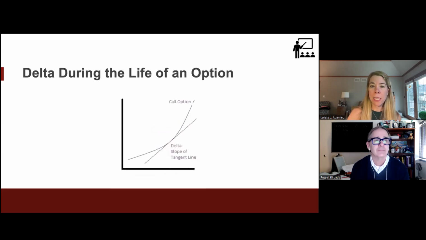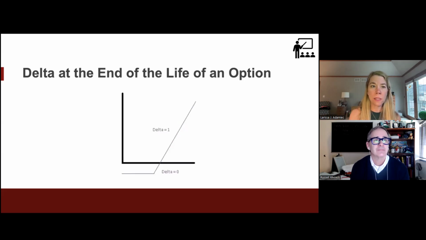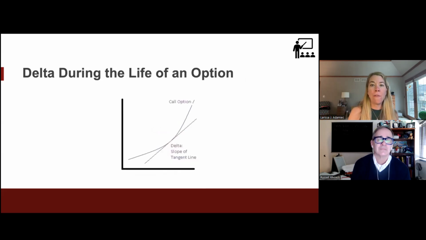And I like these two slides, and I'm going to toggle a little bit because this is what the delta looks at the end of the life of an option. And it's so binary. It's either 0 or 1 because either it's converted and it became in the money and it's now stock, or it's not and it was worthless. And so obviously it has a 0 delta.